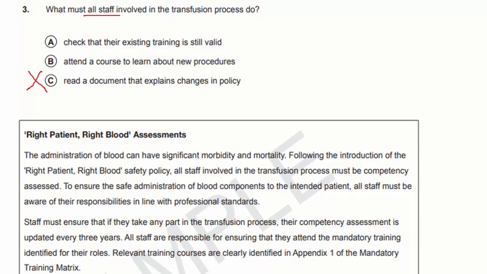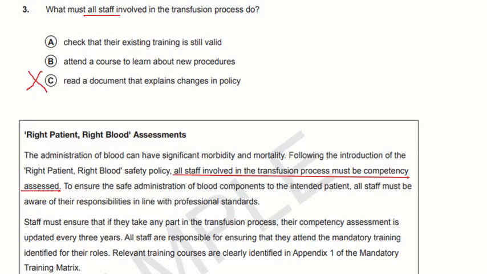As we can see here, all staff involved in the transfusion process must be competency assessed. It's not mentioned that all the staff must attend the course to learn about new procedures.